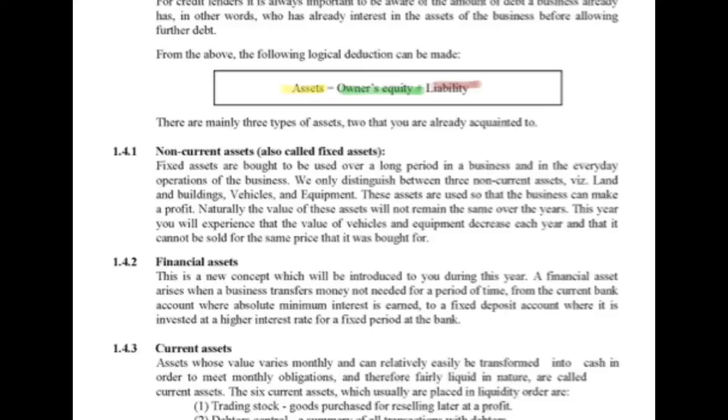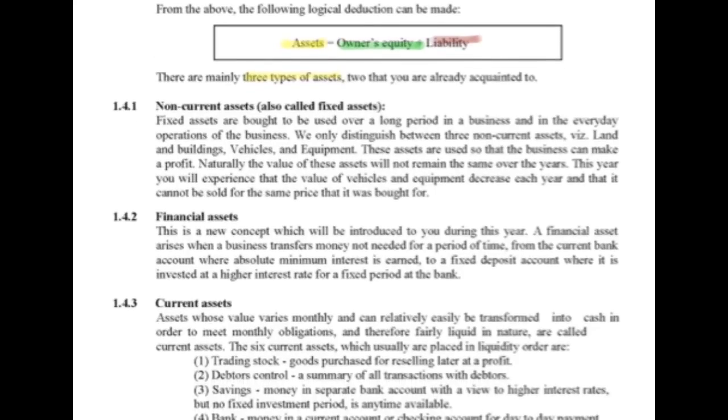So there are three main types of assets. Two that you are already acquainted with, and the third one we will only learn this year. So 1.4.1, this one you know, non-current assets, also called fixed assets. Now non-current means that it is your long-term assets. The word current means now, so non-current means not now.